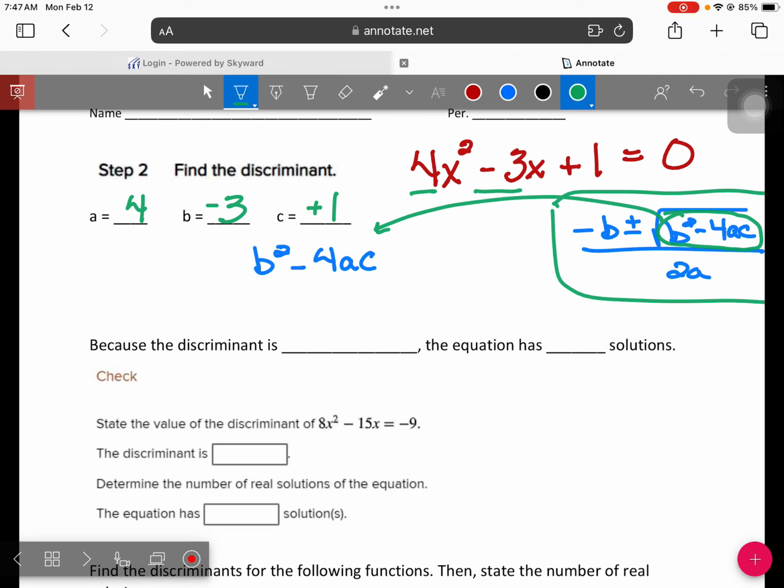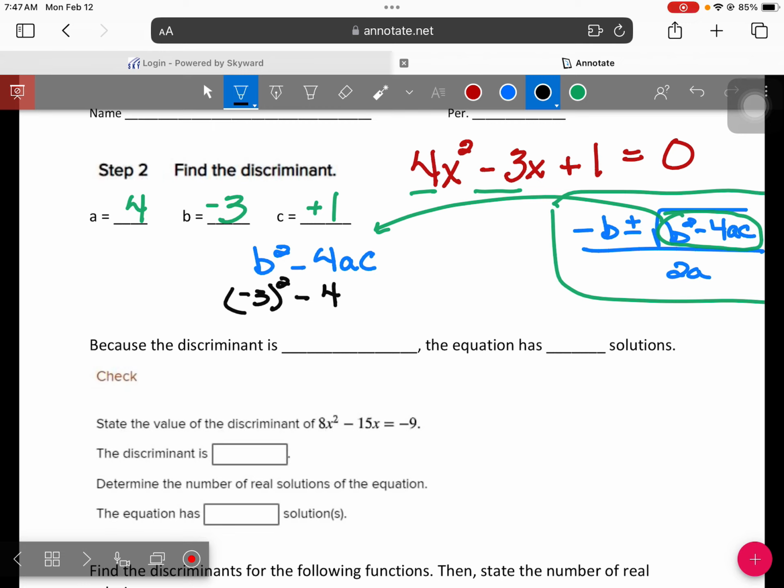All right, so b squared. This is where most people make their mistake. When you square a negative value, please put that negative value in parentheses, especially if you're going to use your calculator. Any number squared is always going to give you a positive, okay?